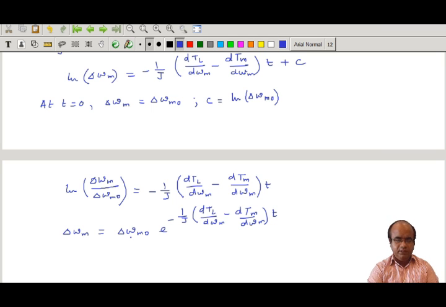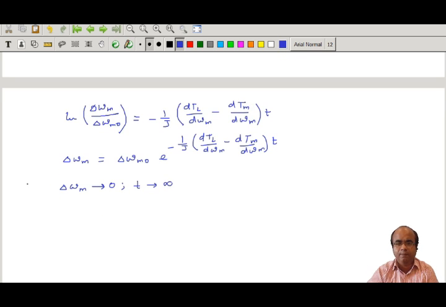Now, for steady operating conditions, delta omega m approaches 0, which is only possible when t approaches infinity. For this, the exponential term must be negative.